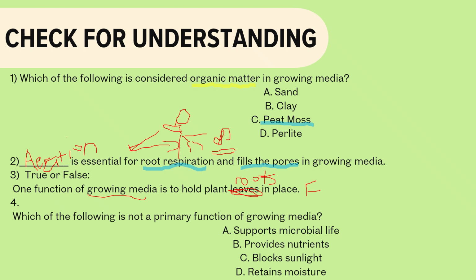All right, then number four, which of the following is not, let me underline this, because a lot of times we skip this part, which of the following is not a primary function of growing media? A, does it help support microorganisms? Yes, it does. So the not part, that's going to be no. Does it provide nutrients? Yes, it does, in terms of our plant growing media. Does it block sunlight?